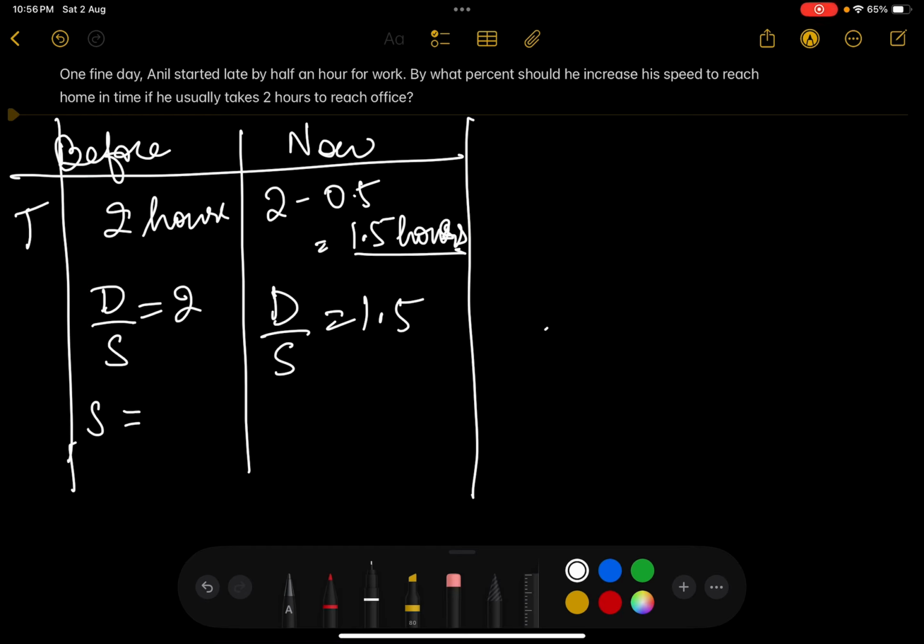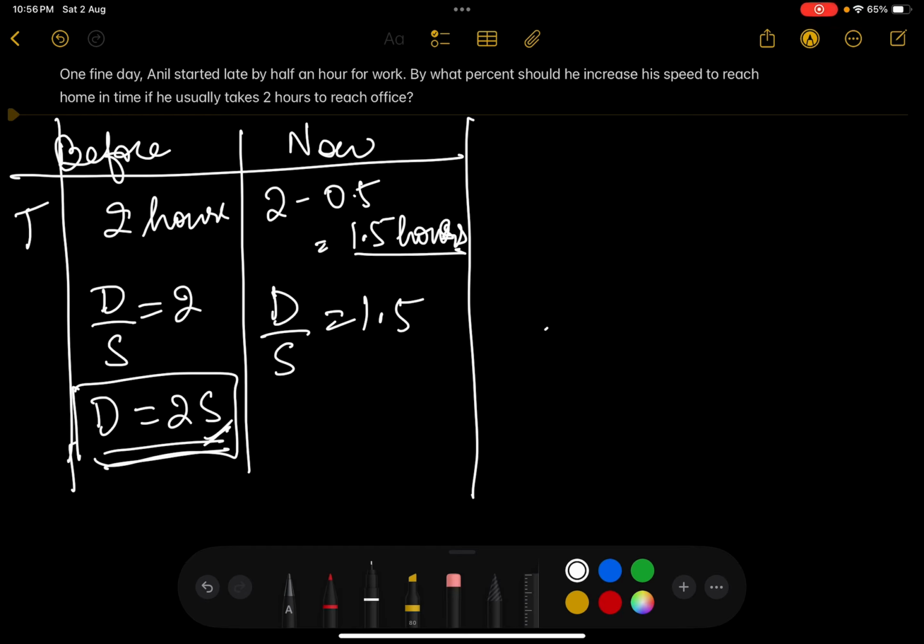S, we can write it as d by 2, correct? Or, okay, let's not express it in terms of s. Let's make it easier. Let's express this in terms of d equals 2s. When we do this, we get an equation in terms of s.